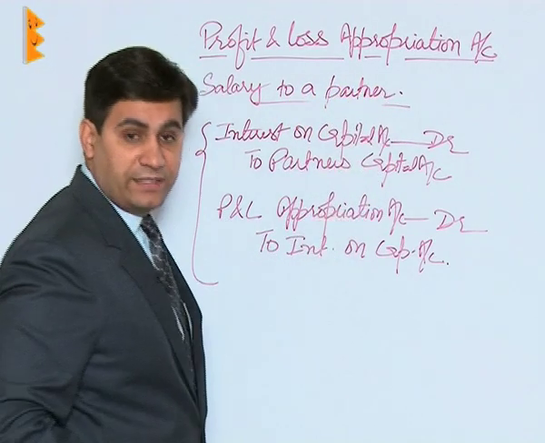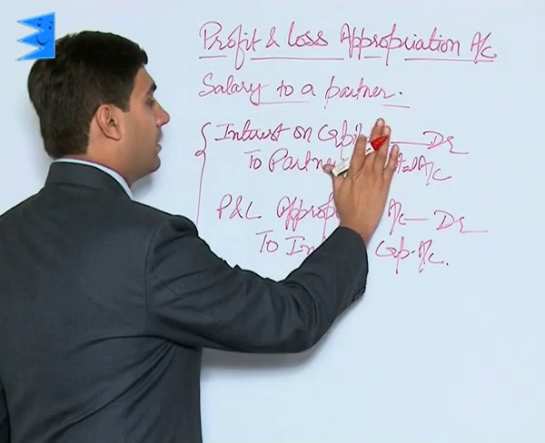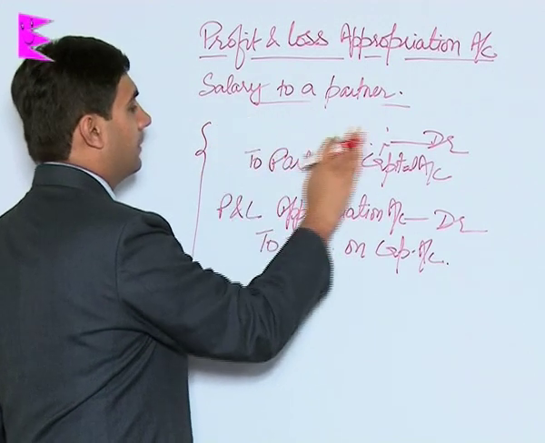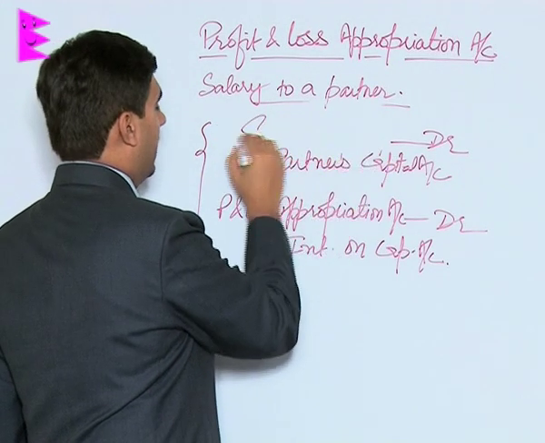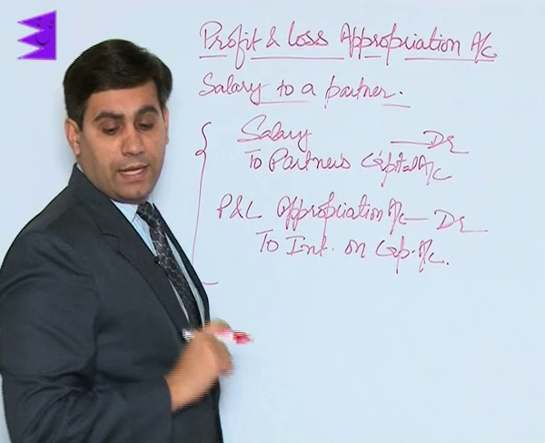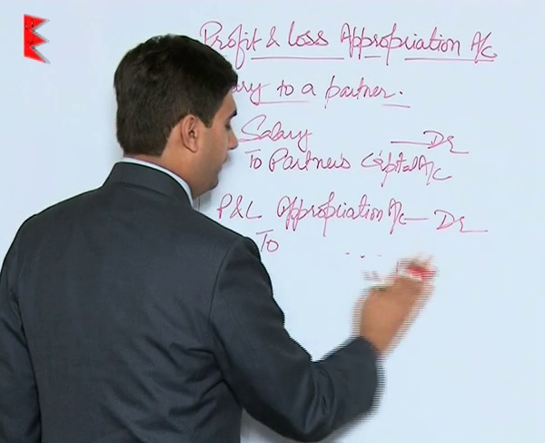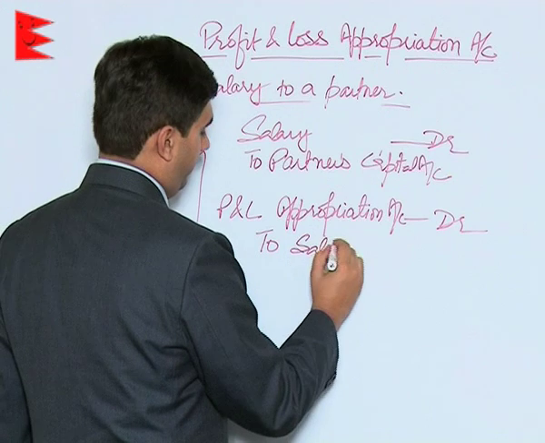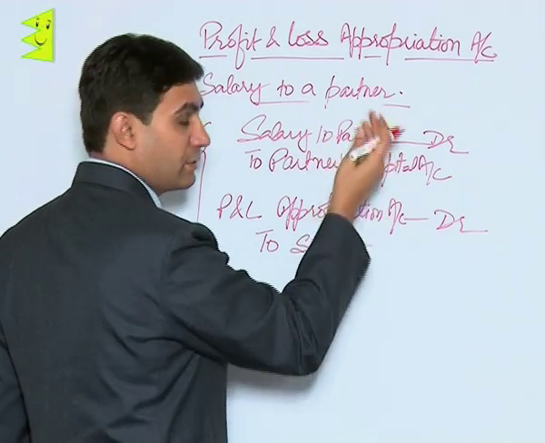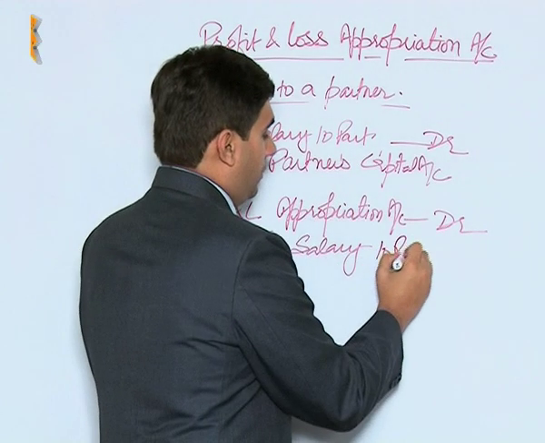In case a partner is entitled to a salary, the entries will remain same, and instead of interest on capital, we will write salary debited to partners capital and then P&L appropriation debited to salary to partner. You can write salary to a partner so as to distinguish it from normal salaries paid to employees.